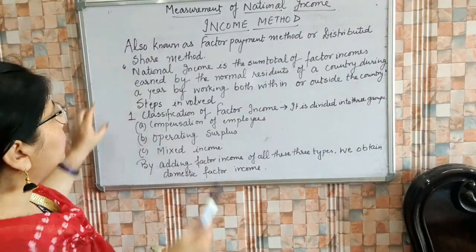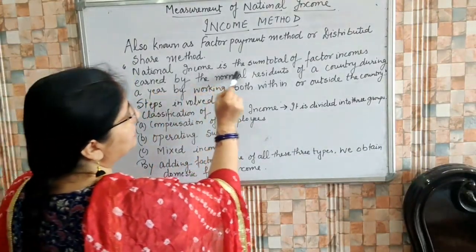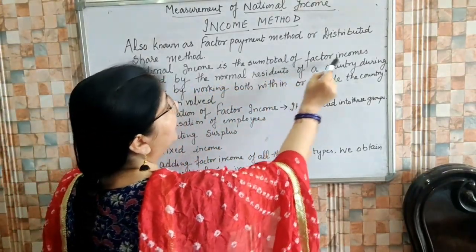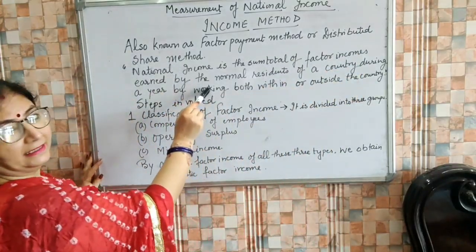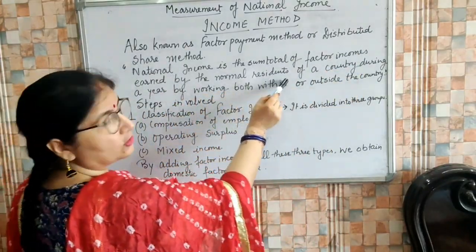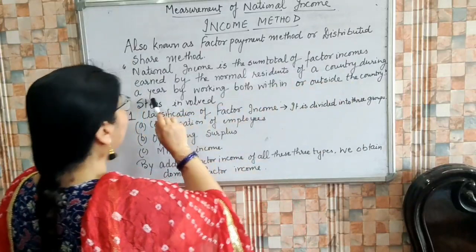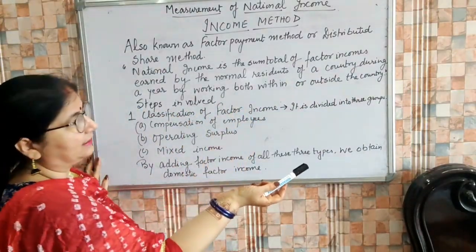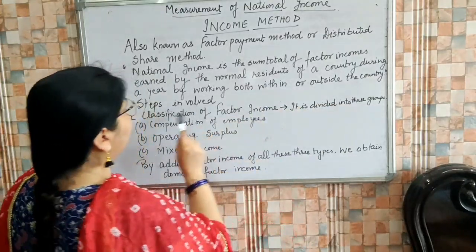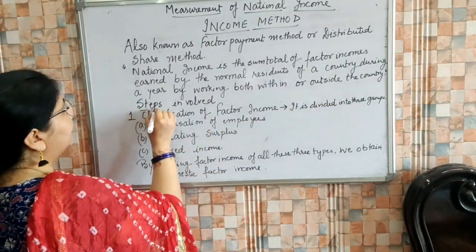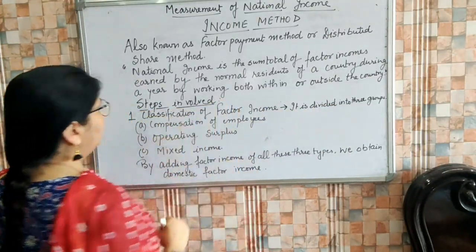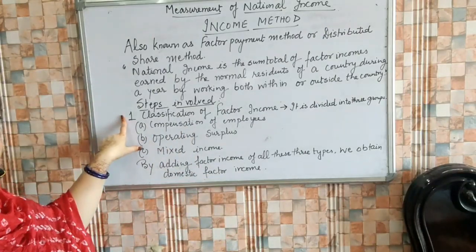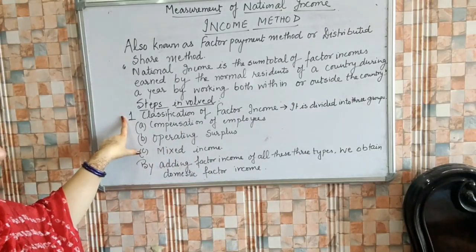Okay, so national income is the sum total of factor incomes earned by the normal residents of a country during a year by working both within or outside the country. And now these are the steps involved. First, we will have to classify the factor income.